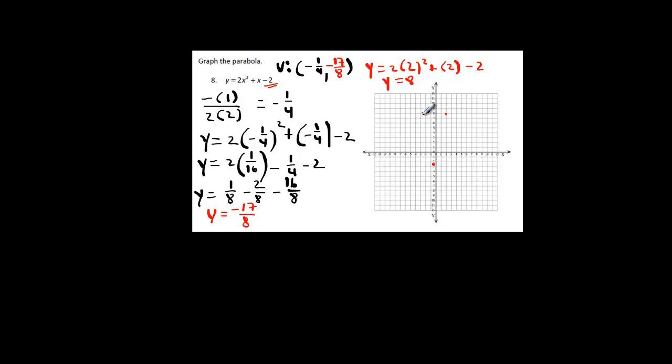So this point here should be negative 2.5 comma 8. And then when I connect the points, that's my graph. So again, this is at 2, 8, and this one's going to be negative 2.5 comma 8.